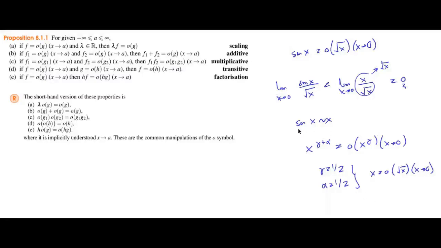And so x is small o of the square root of x, and so is the sine, because both of them are asymptotically equivalent. Right?